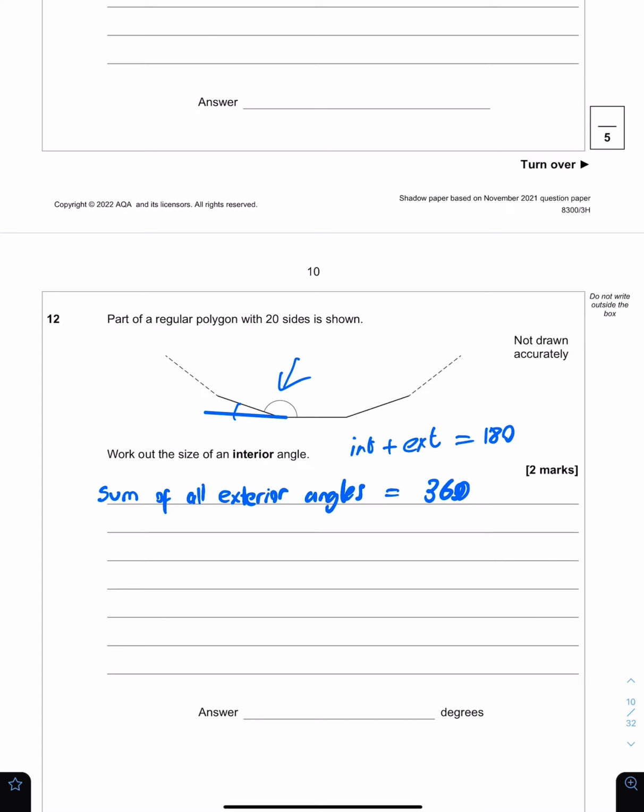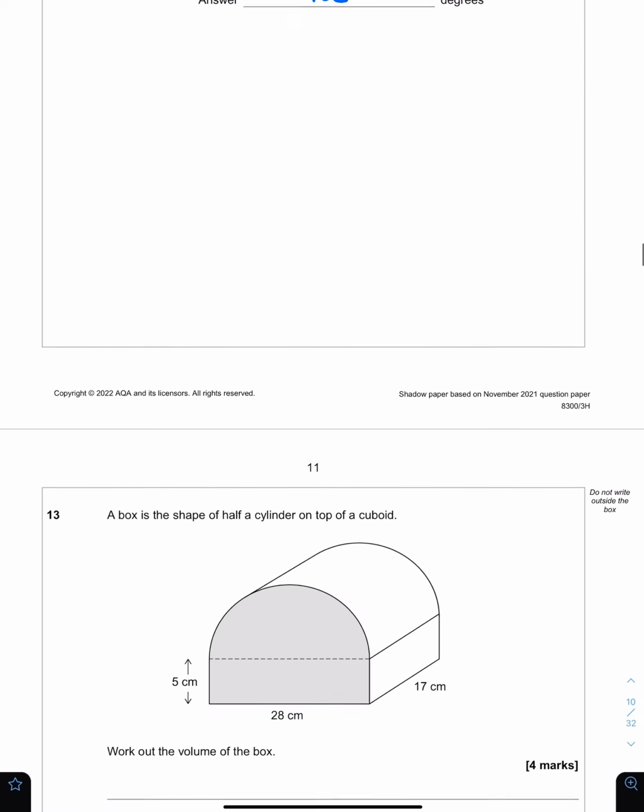So if this has 20 sides, we can work out what one of the exterior angles is. 360 divided by 20, well, that's going to be 18. And then, because we know that an interior angle plus an exterior angle equals 180, interior angle plus 18 equals 180. Well, that means that an interior angle is going to be 162. And that is it for that question.